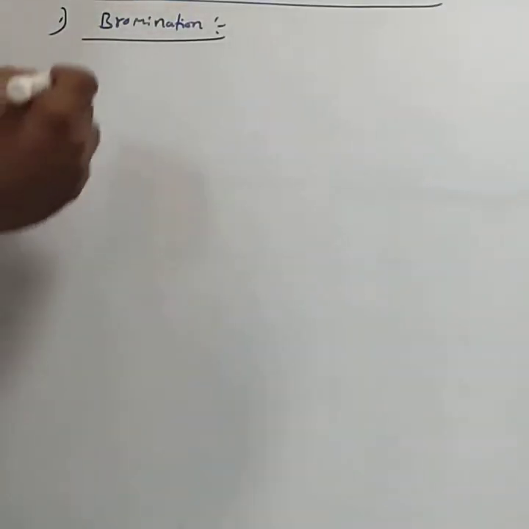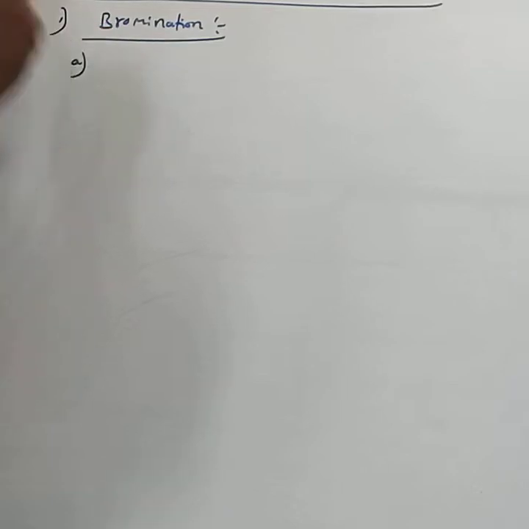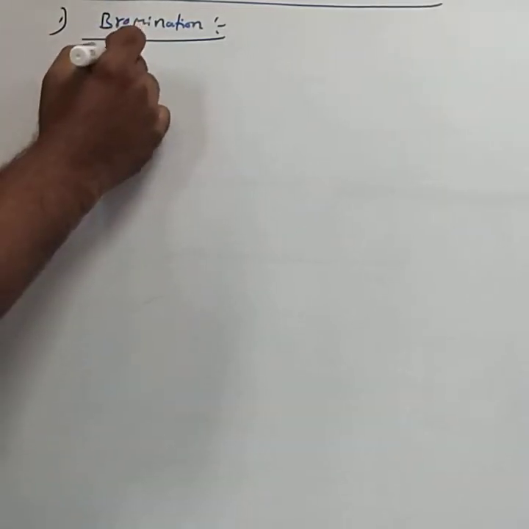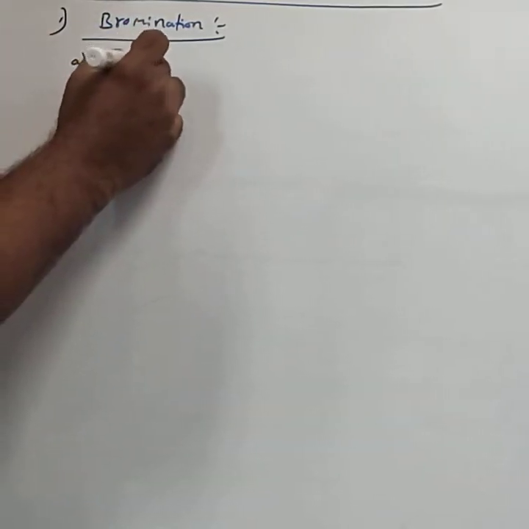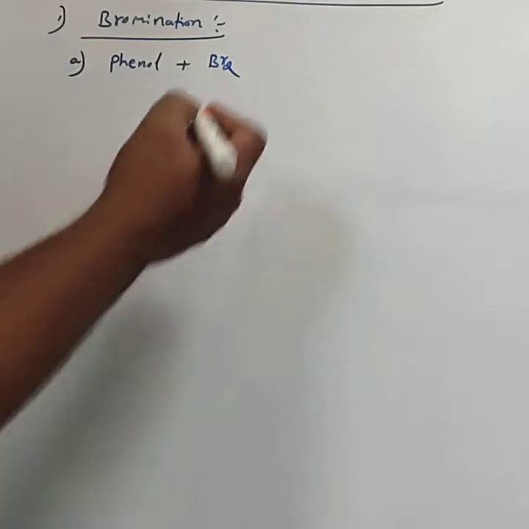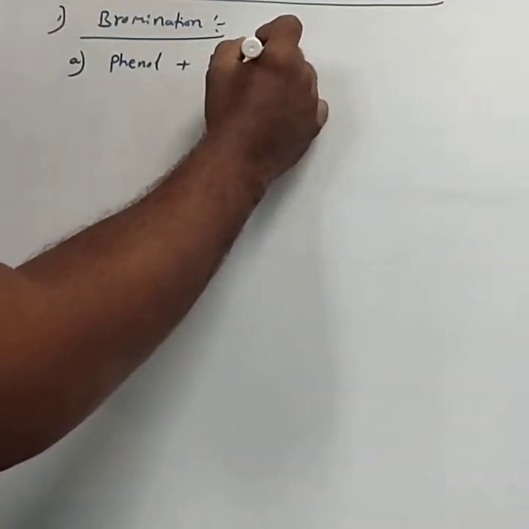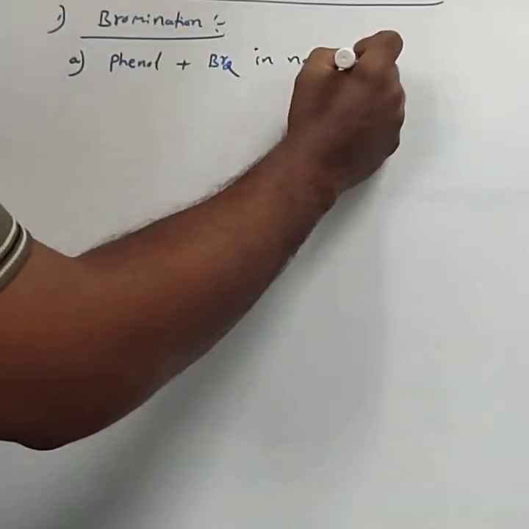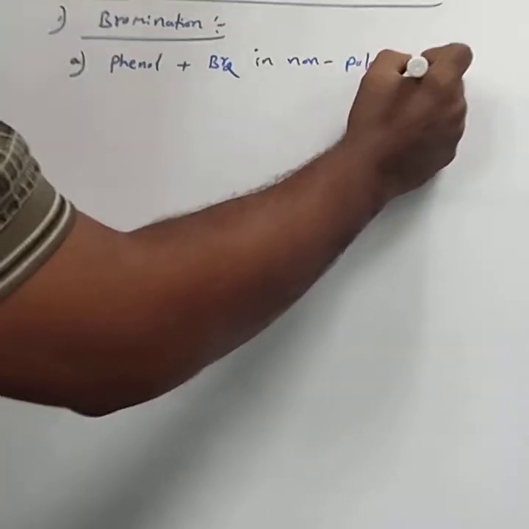There are two cases in bromination. The first case is when phenol is treated with bromine in a non-polar solvent. This is the most important one.